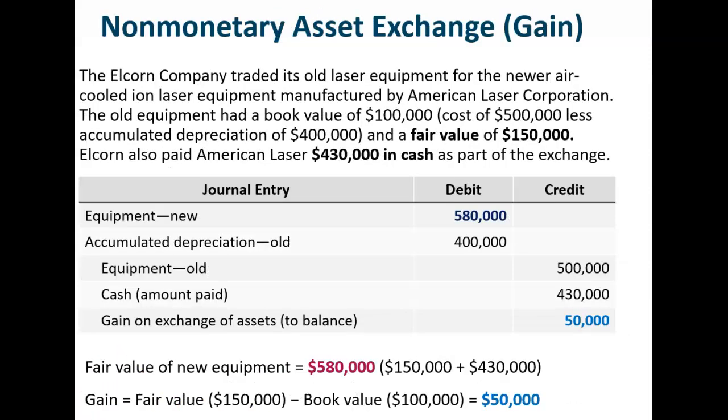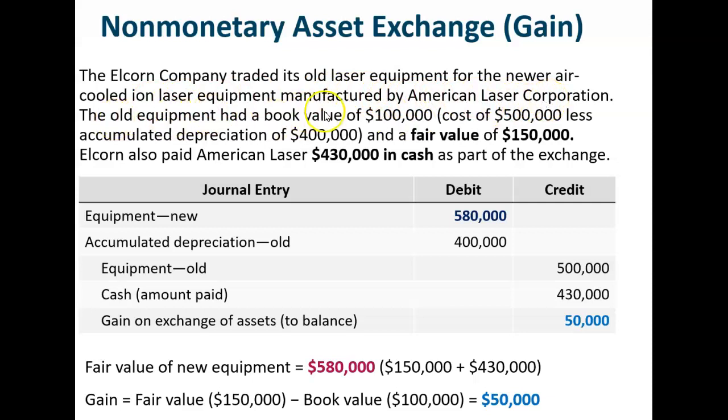Illustration 10-14a in your textbook shows a very good illustration of an asset exchanged at a gain. The Elkhorn Company traded its old laser equipment for the newer air-cooled ion laser equipment manufactured by American Laser Corporation.